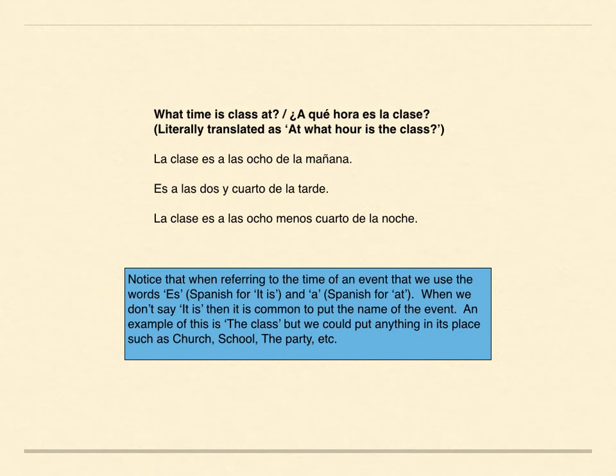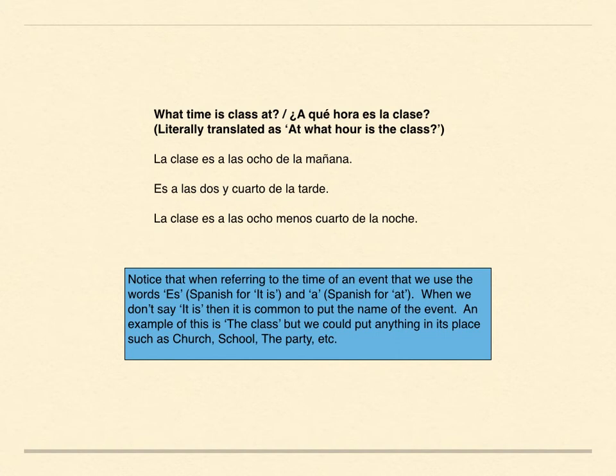All right, so the second question that we need to focus on, the first one was what time is it? This one is what time is an event at? And we're going to use class as an example. So if I want to say what time is class at, I would say ¿A qué hora es la clase? And you can pull out la clase and plug in anything there.